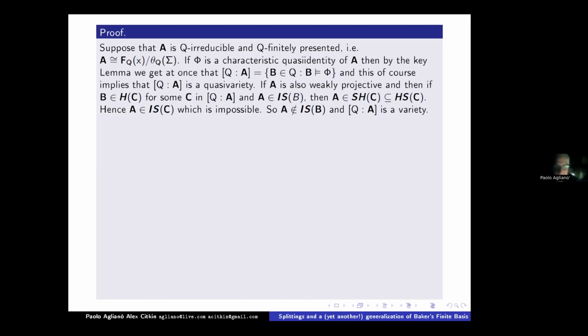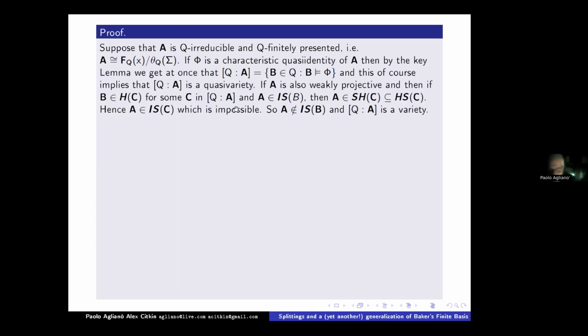I'm assuming that A is weakly projective, so if A is H of something, then it is a subalgebra of that something. The conclusion would be that A is a subalgebra of C, which is impossible, because C is in Q of A, and Q of A consists of all algebras in which A cannot embed. So that's basically the proof.